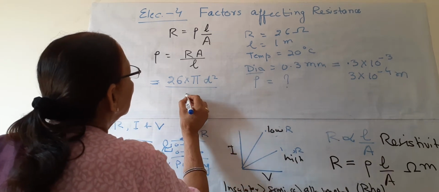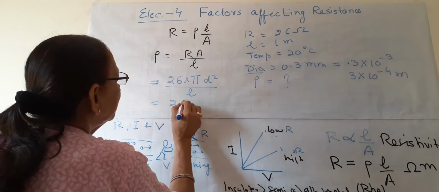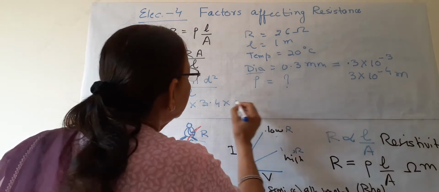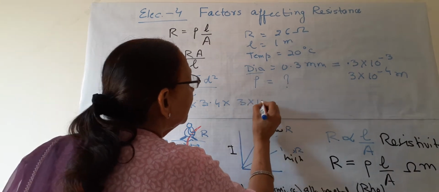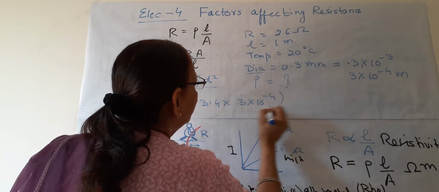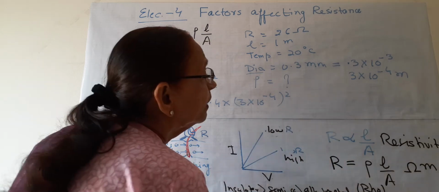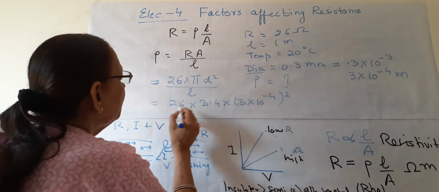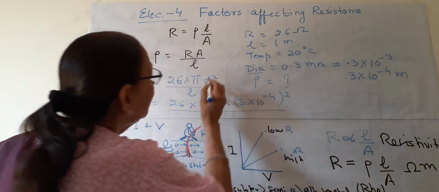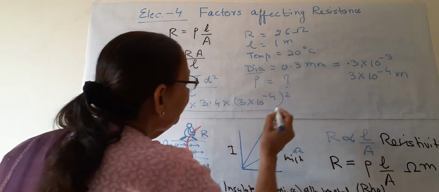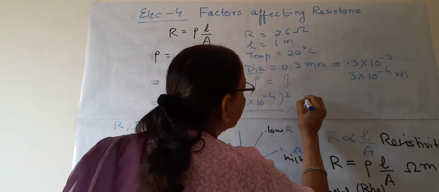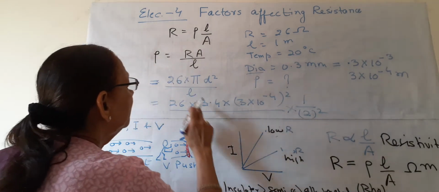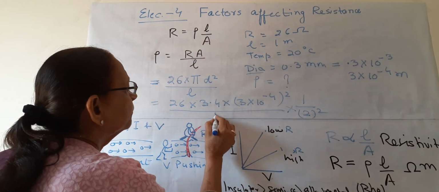Upon L. We will write 26 into 3.14 into D square. Now we want to convert this D into R, so it will be half, divided by 2 square, and L is 1.